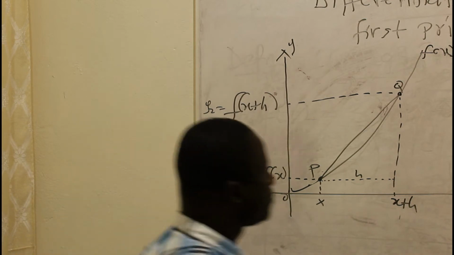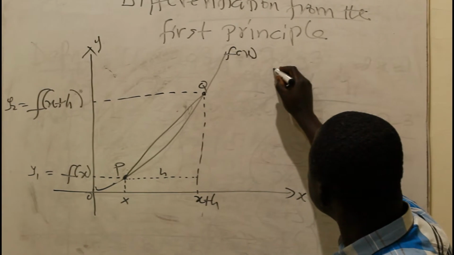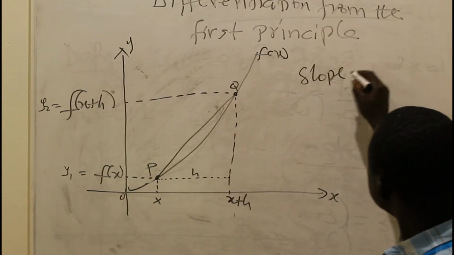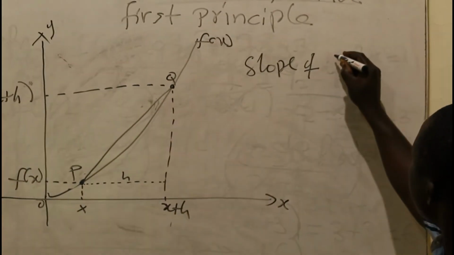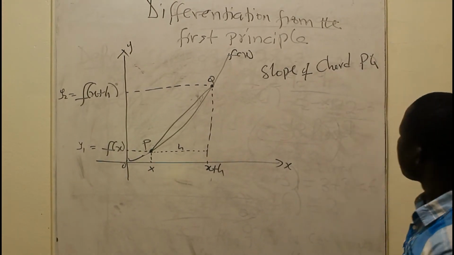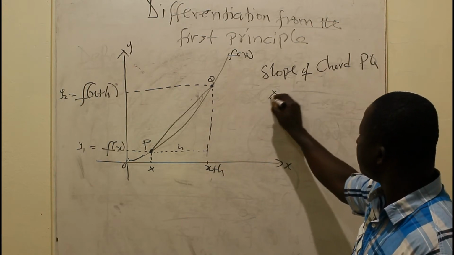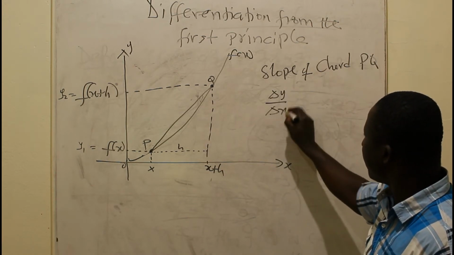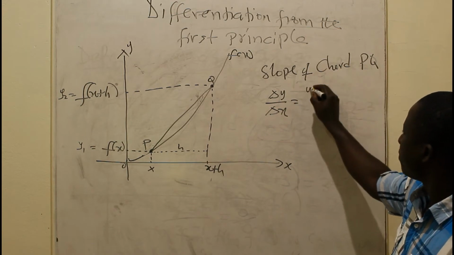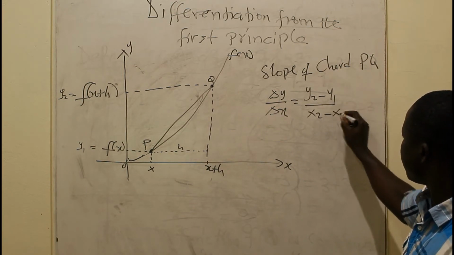So the slope of chord PQ is now going to be changing y over changing x, and it is y2 minus y1 over x2 minus x1.